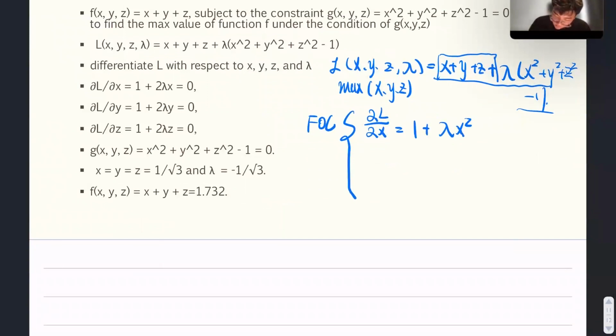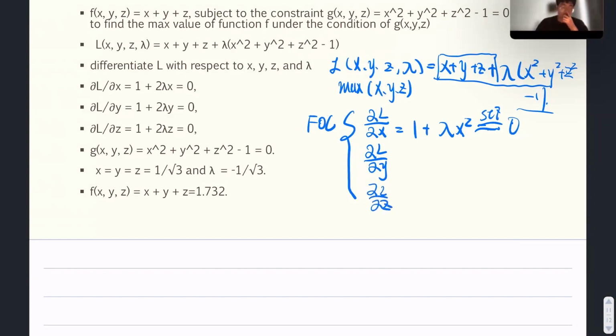So we have the first derivative already, but we need to set it to 0 to reach the maximum point. That is a maximum or minimum point, to be strict. So we set this equal to 0. Now we keep the same process for the partial with respect to y and the partial with respect to z.